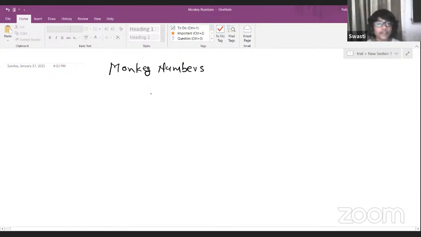Kaprekar observed that the baby monkey is always hugging the mother monkey, and then he thought of some numbers which are like these monkeys. So let's see these numbers. 100 is a monkey number because 100 is 10 square, and 10 comes in 100.